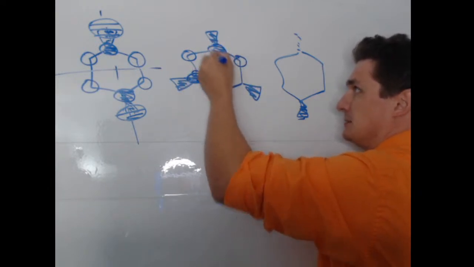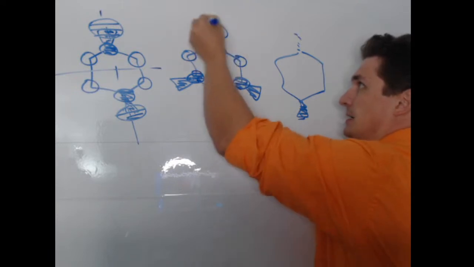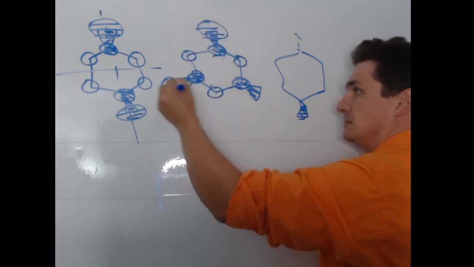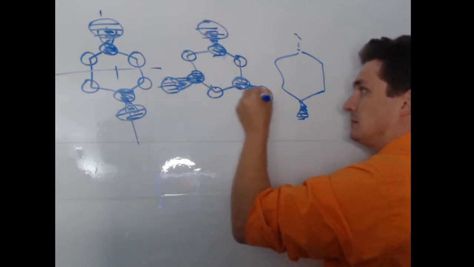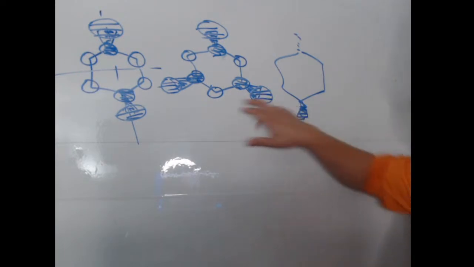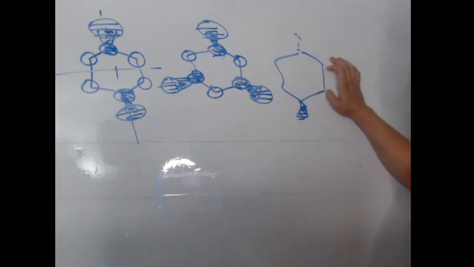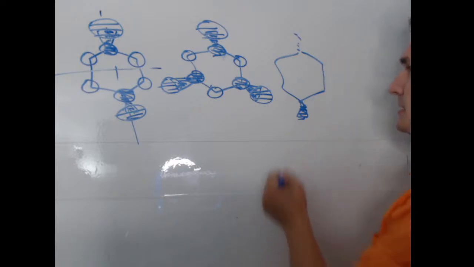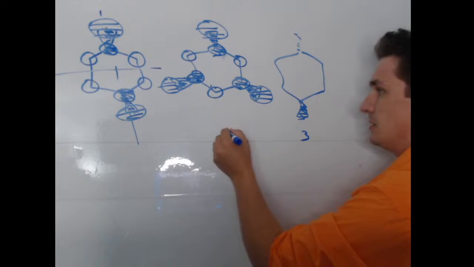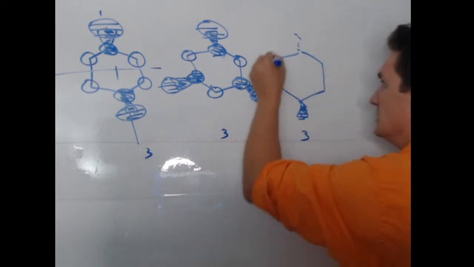These three look the same. And these three look the same. And if we look at this one, it's going to look exactly the same as this one. That cis-trans, that's just a rotation plane. So we've got 3, 3, 3 peaks here.